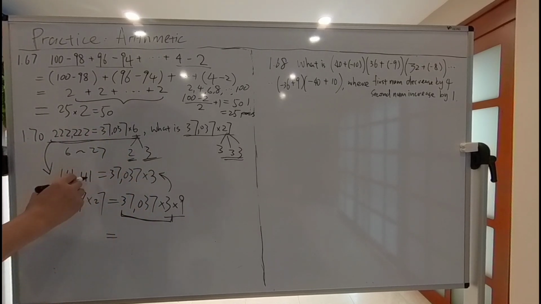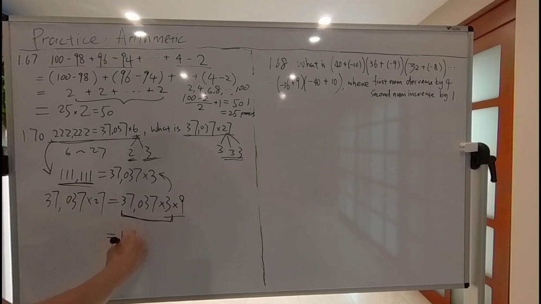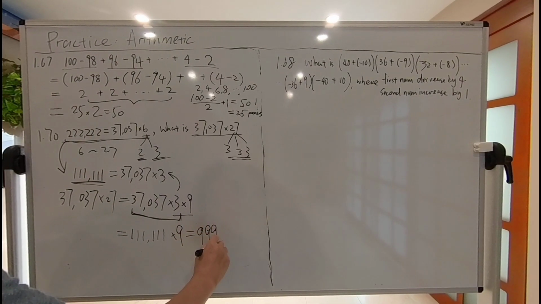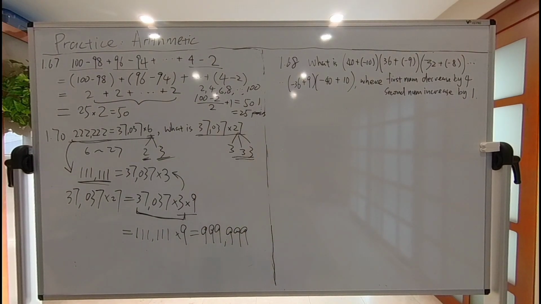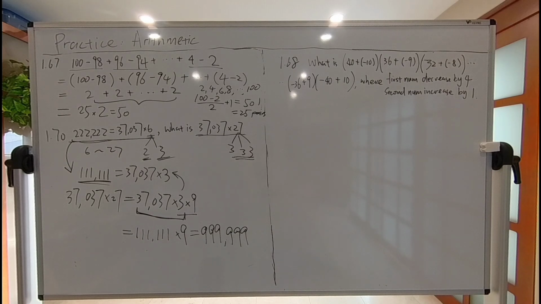So I can just plug in the known result of the product of 37,037 times 3, which is 111,111, and then I have this 9 left over. Up to here it's very clear and straightforward. 9 times 1 equals 9, so it doesn't even need to move one digit forward, it's just 999,999. So in this way, you're just converting your known condition and plugging it into the unknown question. And in this case, you don't even need scratch paper to solve this problem.